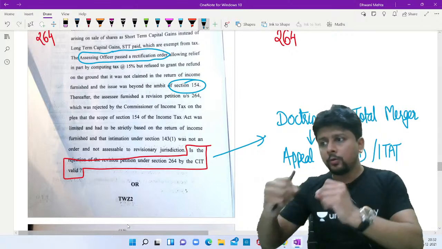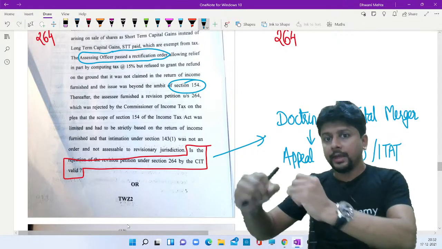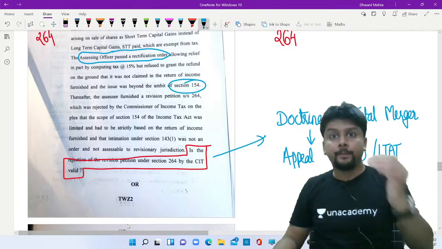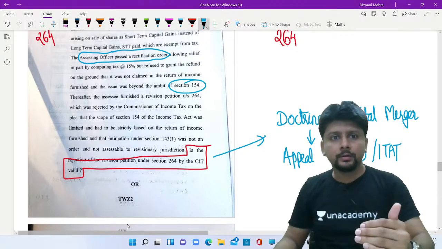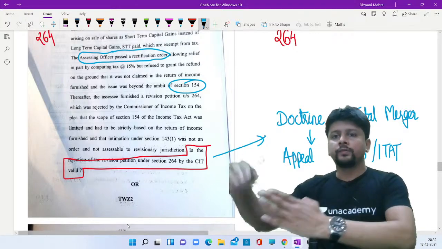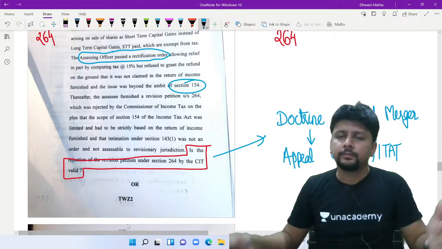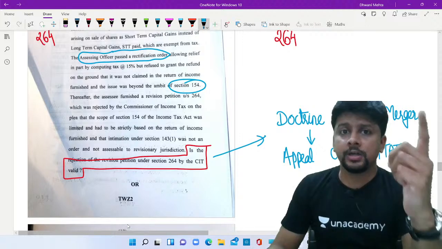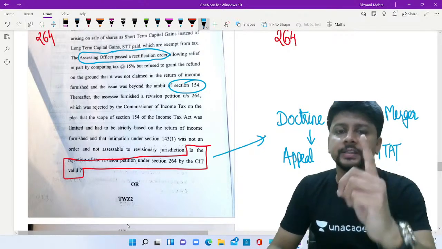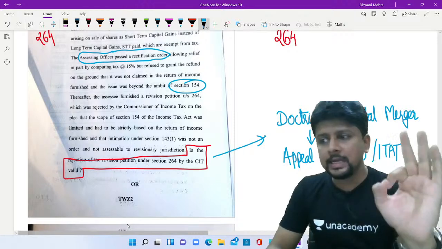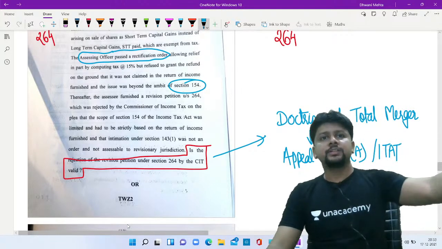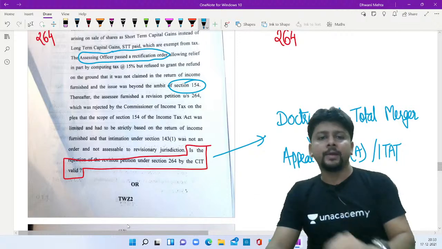And when you read the opening statement in section 264, any order passed by an assessing officer other than an order to which section 263 applies, which means any order will include a rectification order also, not necessarily an assessment order. Any order passed by an assessing officer, but 263 does not apply, then 264 can apply.